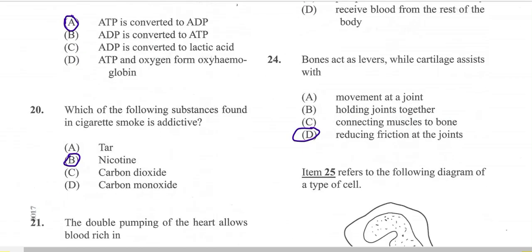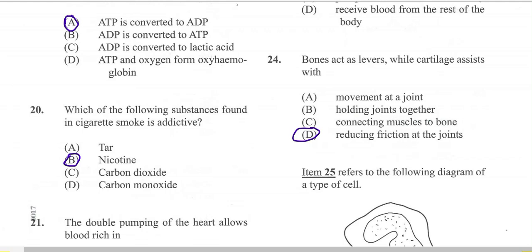Question number 20, which of the following substances found in cigarette smoke is addictive? And that's going to be nicotine. The tar will cause the cilia cells to stick to each other. Carbon monoxide will of course bind to the hemoglobin more readily than oxygen, and that's going to cause some dizziness, headache, and who knows, eventually death if it's not rectified.